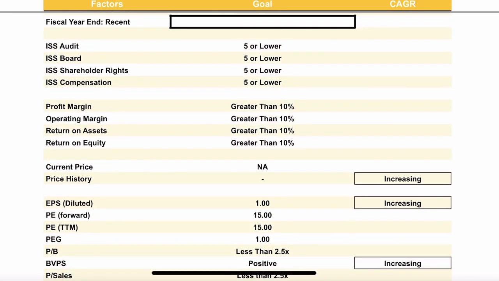Again, you want to make sure that the fiscal year that you're looking at is recent. However, something I want to note is you can pull up Yahoo Finance and look at statistics, but the majority of these ratios that they give you are current.